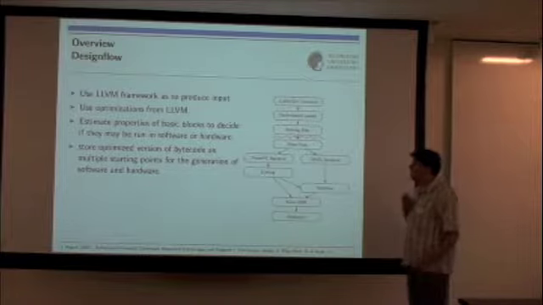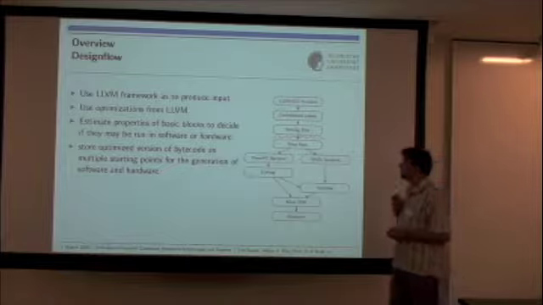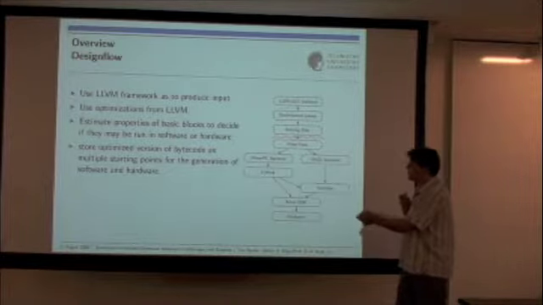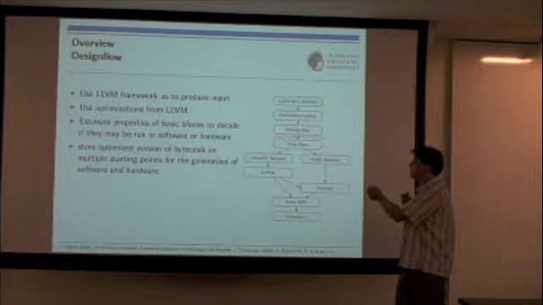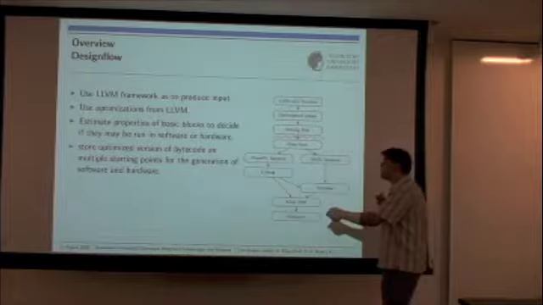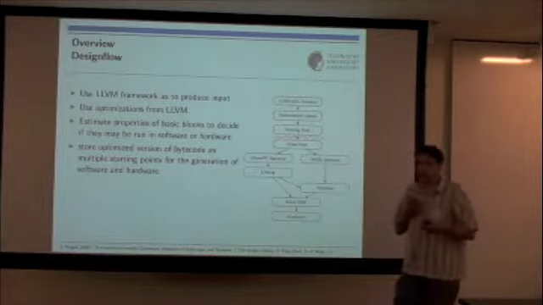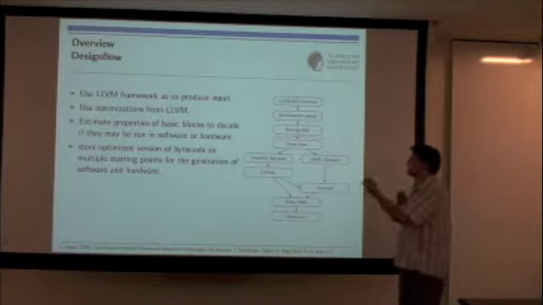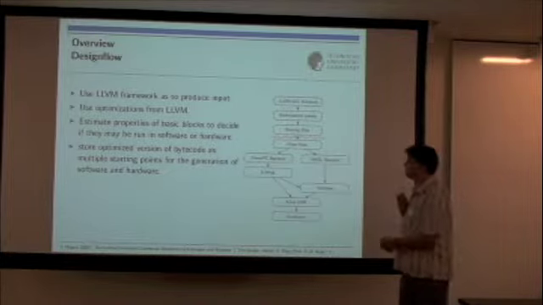Next step, the LLVM intermediate representation will be stored on disk. This is needed because after that I'm going to create software and hardware out of this common description. And since I have two backends and LLVM doesn't provide an infrastructure to write out the data from one intermediate representation, I chose to store it over there.